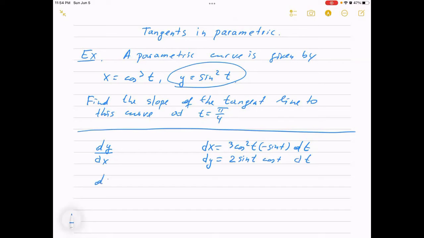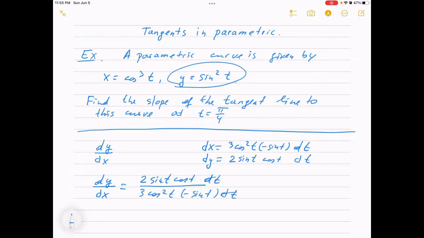Now that we know what dy is and what dx is, we substitute. We write down 2 sine t cosine t dt, and substitute what dx is: 3 cosine squared t times negative sine t dt.